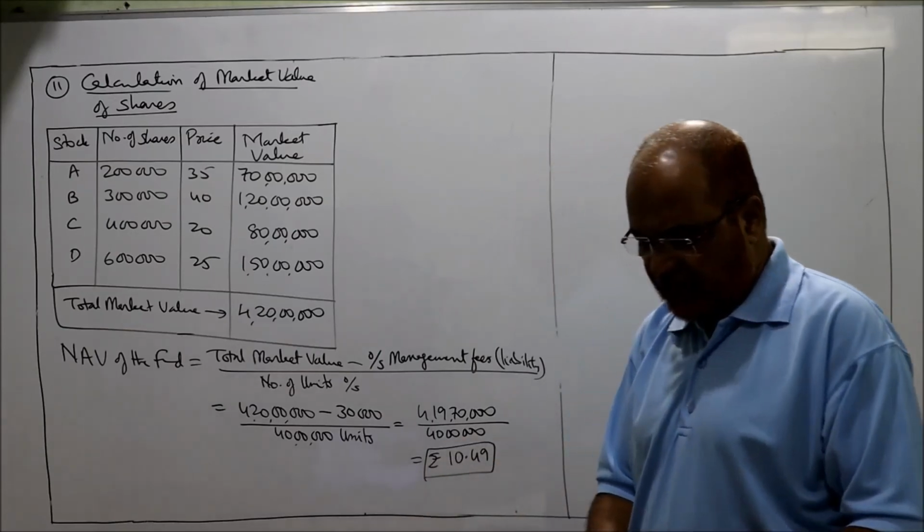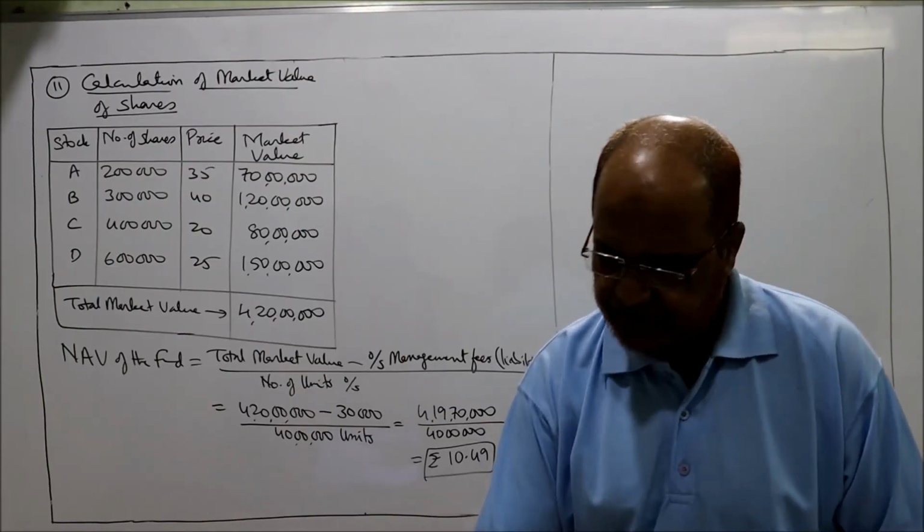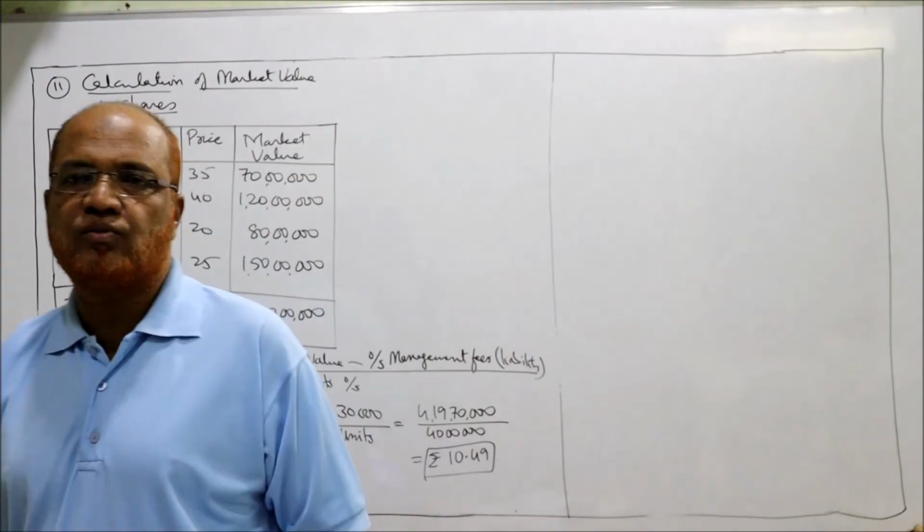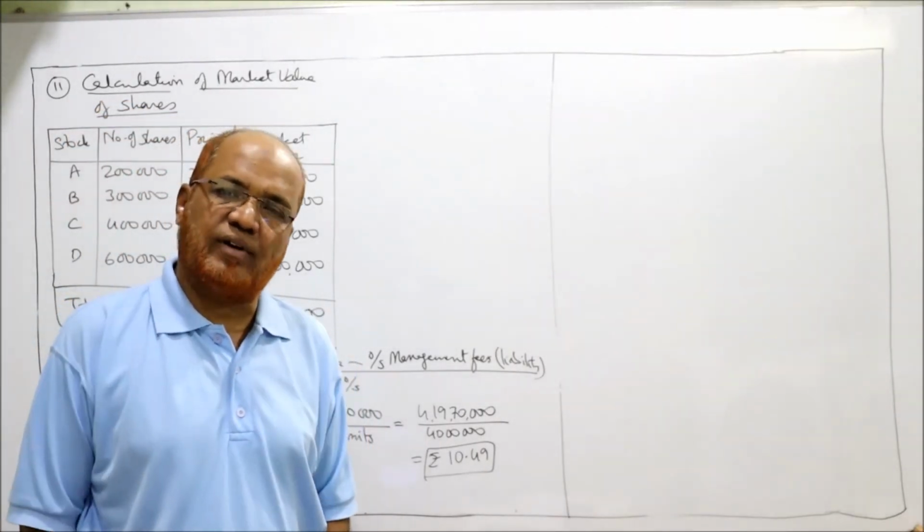The NAV of the fund is 10.4925. So this is the first problem on which we have calculated the NAV, net asset value.